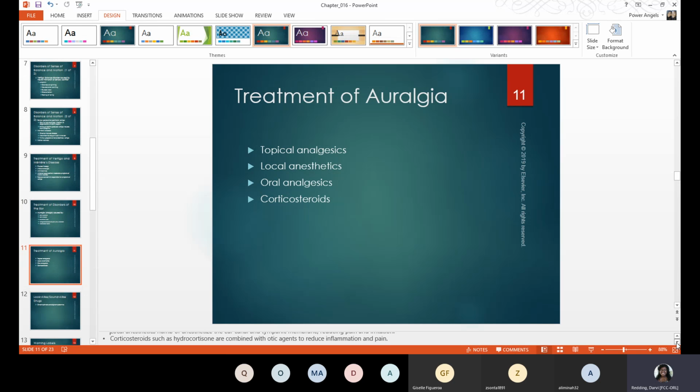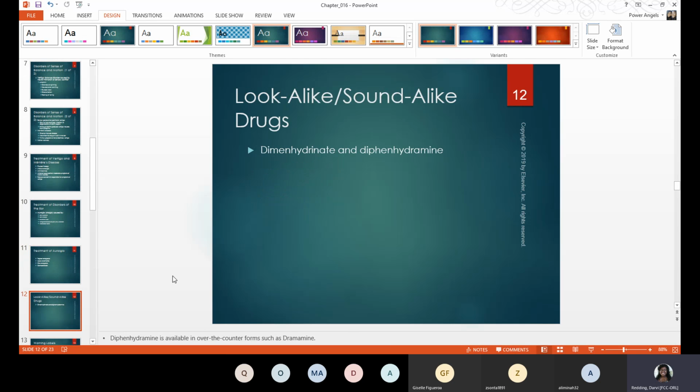So let's continue learning about the sound-alike, look-alike medications. So when it comes to medications that are prescribed, there are some medications that look similar. So you always want to pay very close attention to the medications that look similar to another medication so that you make sure you're choosing the right one.